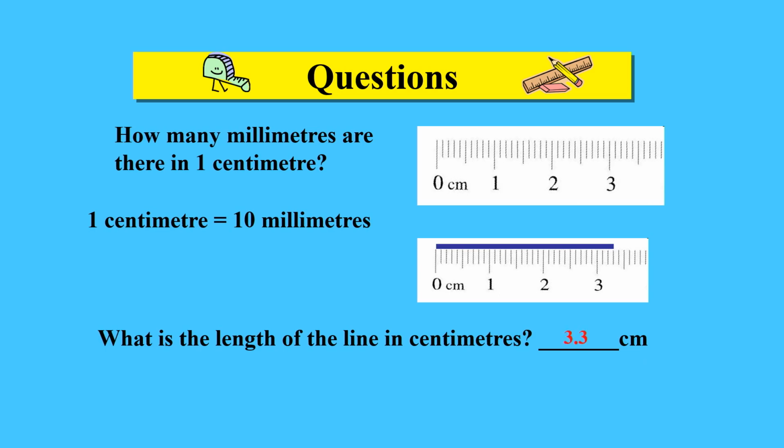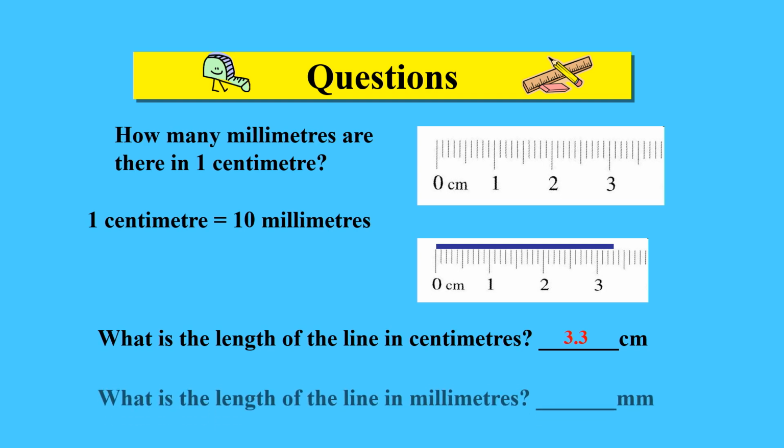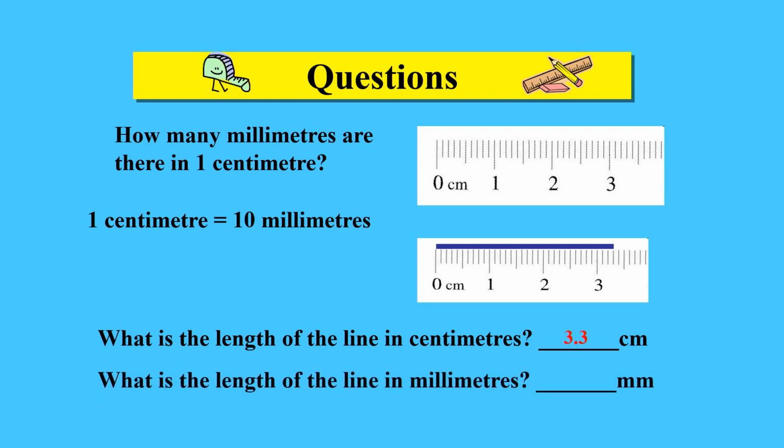Did you get 3.3 centimeters? Good. Let's proceed. What is the length of the same line in millimeters now? If you've done your conversion correctly, you should get 33 millimeters.